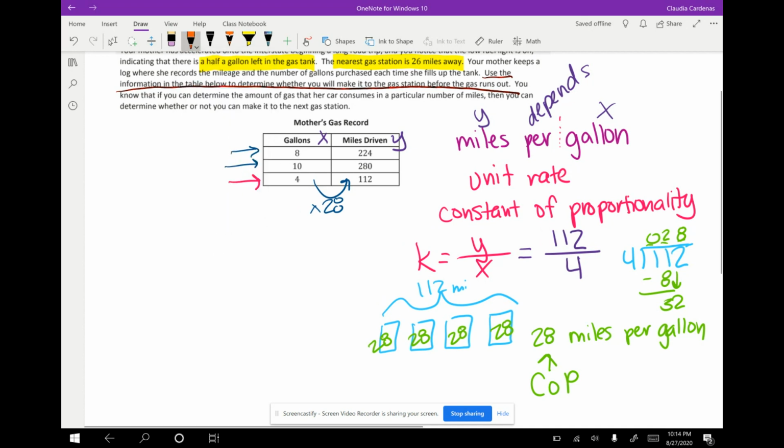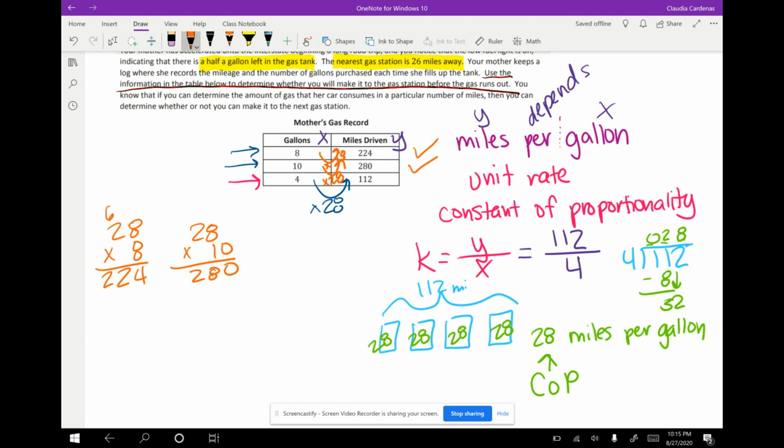I'm going to multiply 10 times 28 and 8 times 28 to check and see if these values also have that same constant of proportionality. And sure enough, we get 224, and 28 times 10 is 280. So sure enough, they also all match.